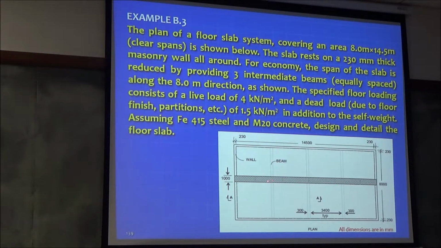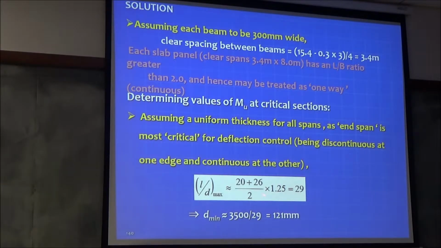But this is continuous here, but simply supported here. Remember, the thickness of the slab is governed by L by D ratios. So its L by D ratio is 20 for a simply supported case and 26 for a continuous case. For the end span, it's an average of that.